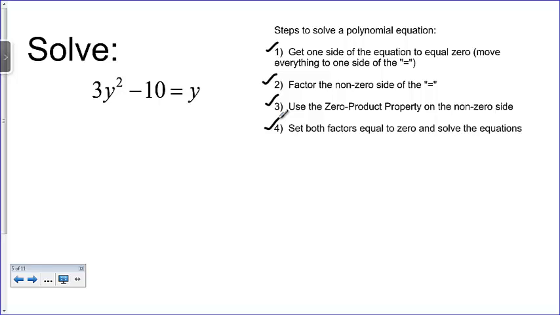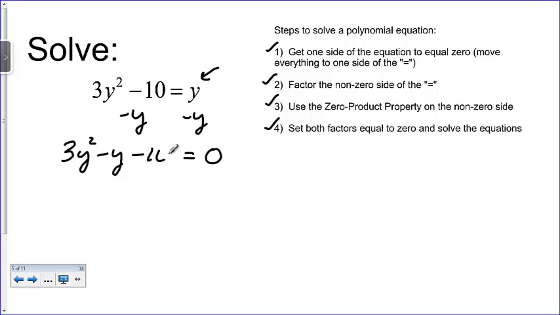So we're going to move this y over to the left, and the way we do that is we subtract y from both sides. And look at the resulting equation. I get 0 on the right. On the left side, I'll put my terms in decreasing order according to degree, and I get 3y squared minus y minus 10.